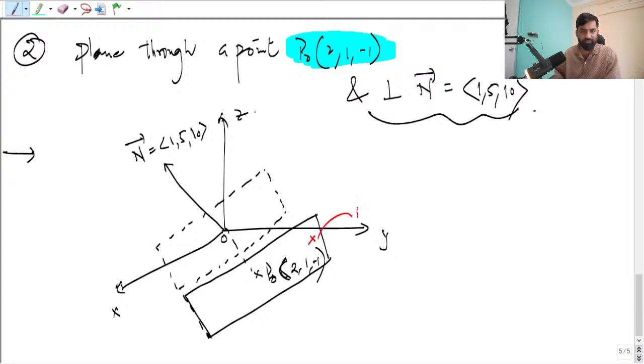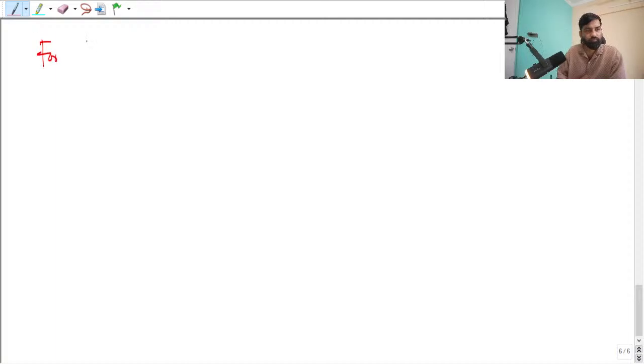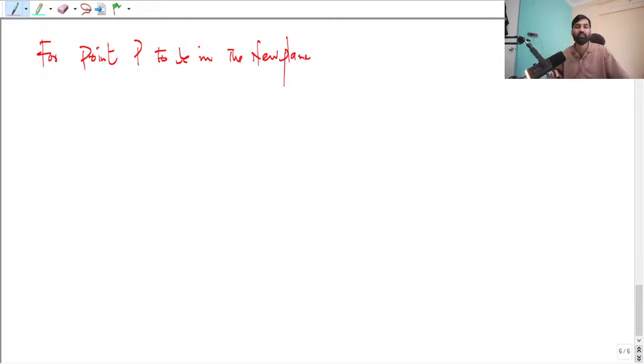Let's say this is a point P (x, y, z) to be in the new plane. This new plane is passing through the point P naught, through which the plane is passing. So for a point P to be in the plane, what is the condition, guys? The same condition we can recall.